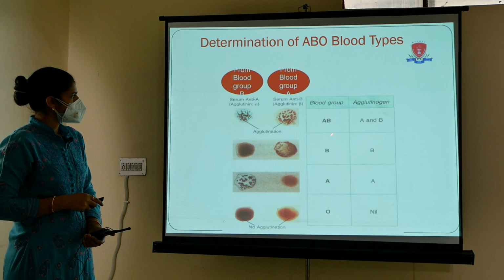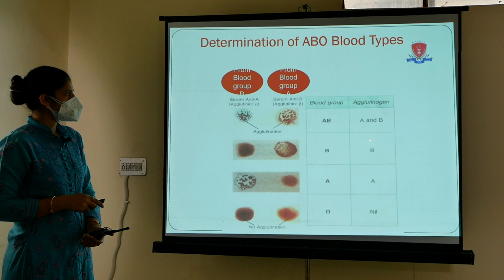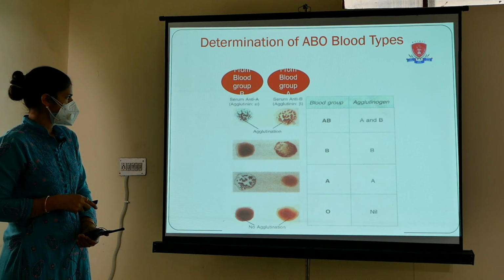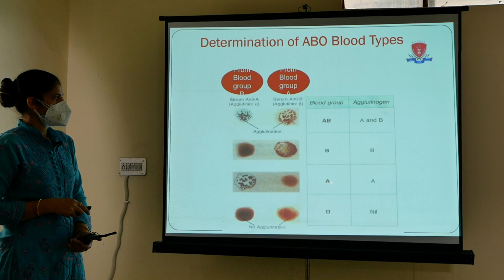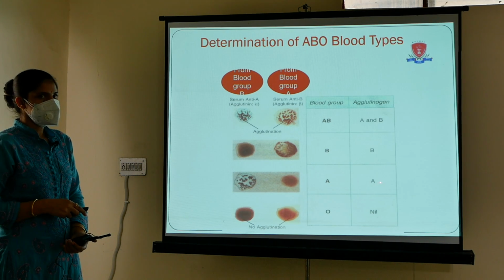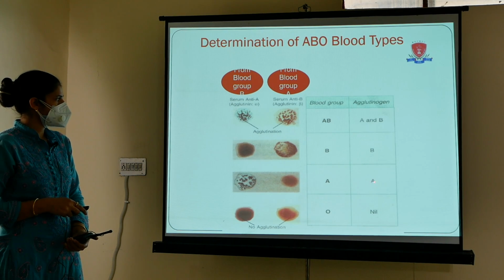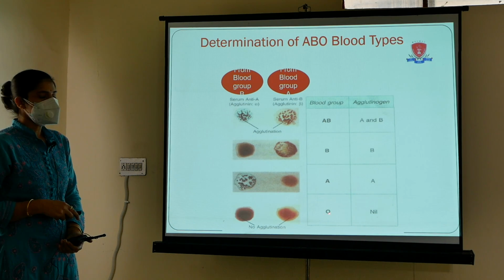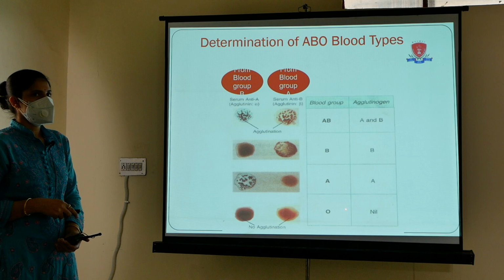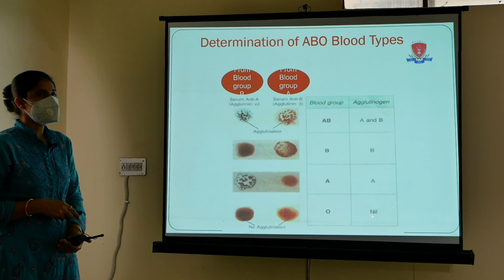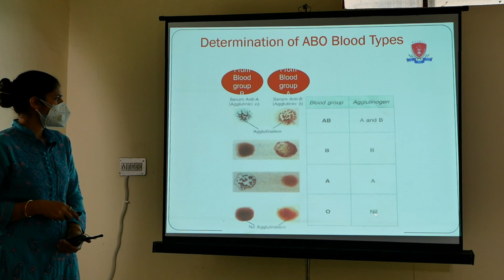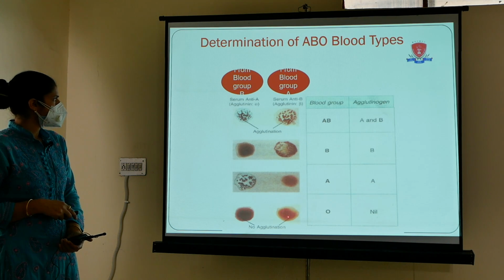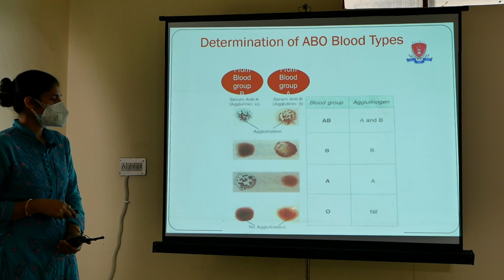In blood group B, there is presence of antigen B, which reacts with anti-sera B, and in blood group A, antigen A is present on the surface of the RBC membrane, which reacts with anti-sera A. In blood group O, there is neither A nor B antigen present on the RBC cell membrane, and that's why the reaction does not occur with anti-sera A and anti-sera B.